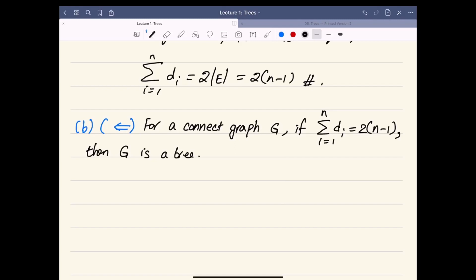We will prove this by contradiction. So proof by contradiction.